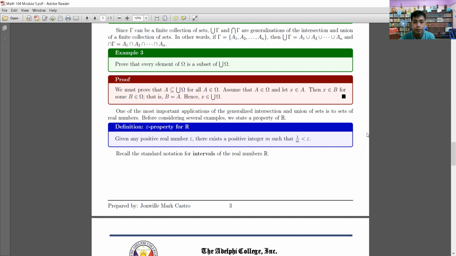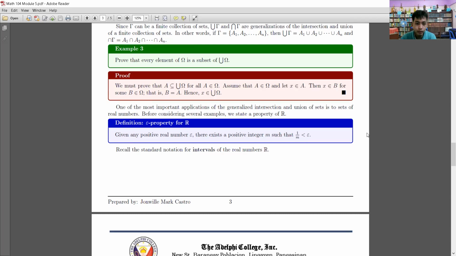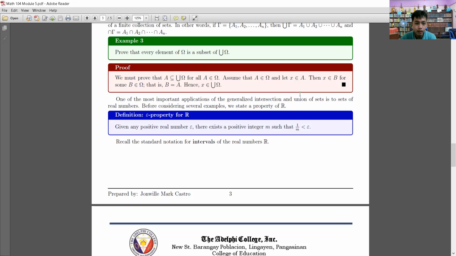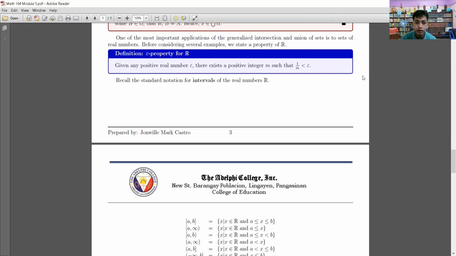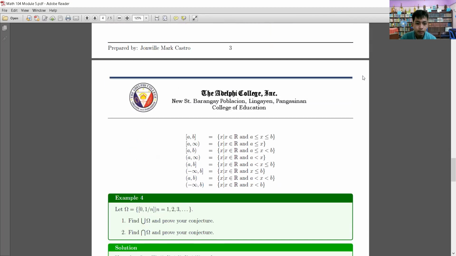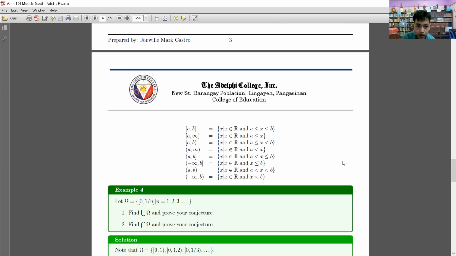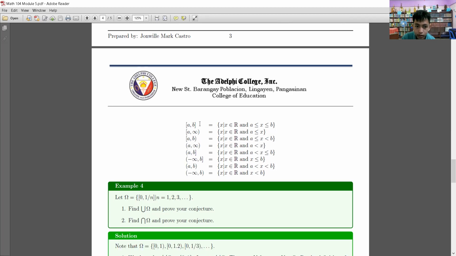This is called the epsilon property for real numbers: given any positive real number epsilon, there exists a positive integer m such that 1 over m is less than epsilon. We will use this definition later. Let us also recall the standard notation for intervals. These are the definitions, written in set notation.